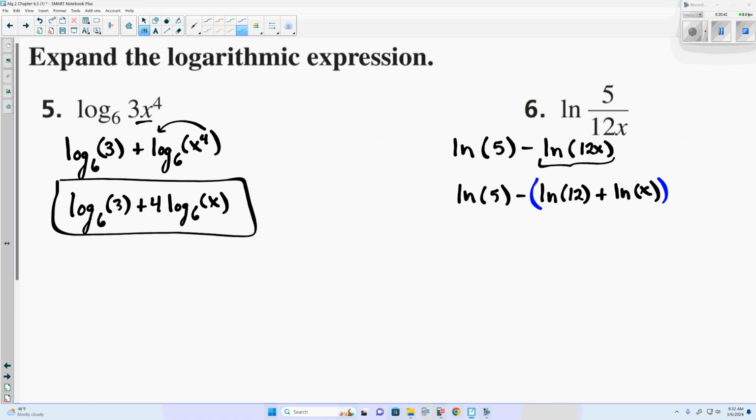It might not be quote unquote simplified, but it is still the right answer. Here's what we can do: ln of 5 minus ln of 12 like we had, but then we have minus ln of x, because both of those will have that negative attached to it, because they're both in the bottom of that fraction. It is the same thing.